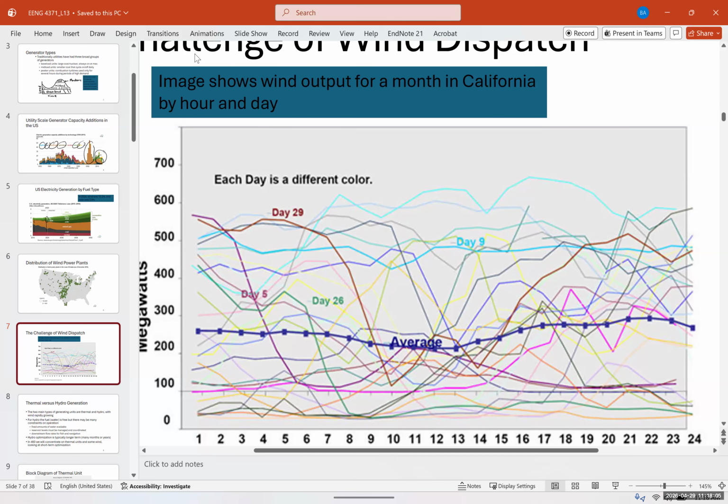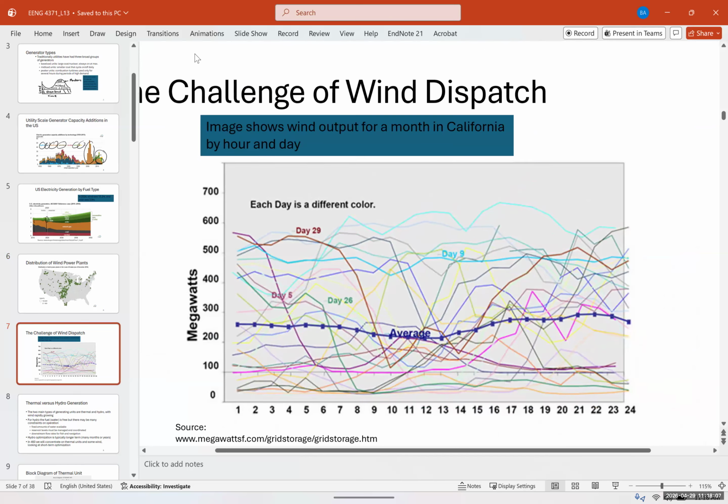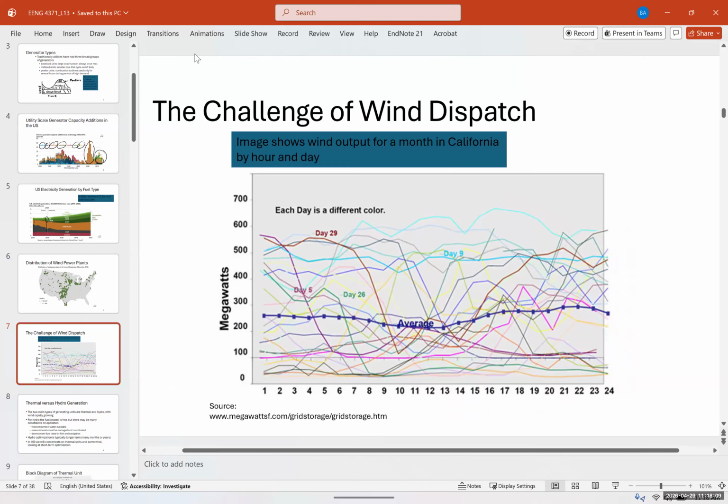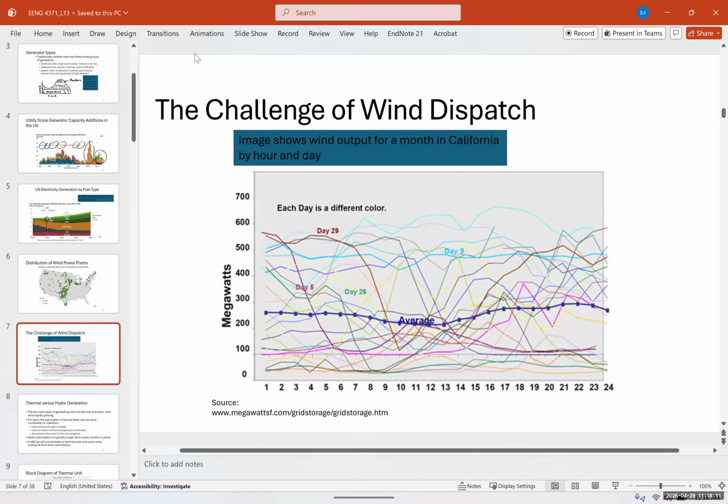Now, the challenges of wind dispatch. This slide illustrates one of the fundamental challenges we have with wind power, and it's the variability of wind power.